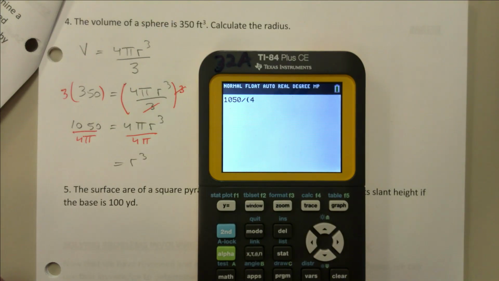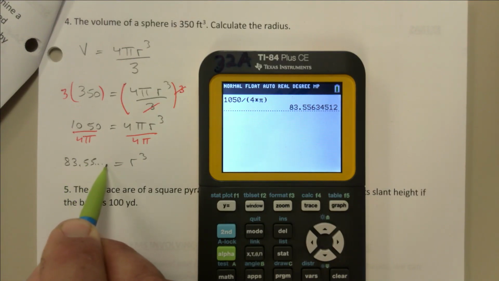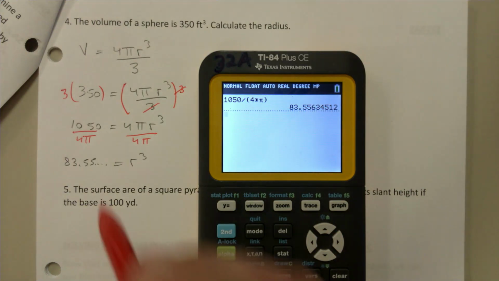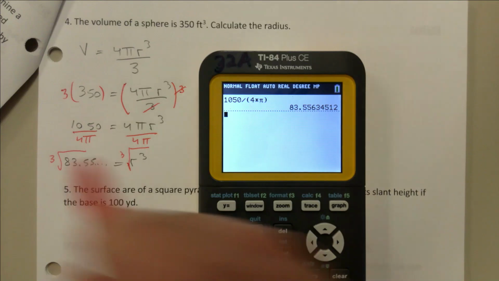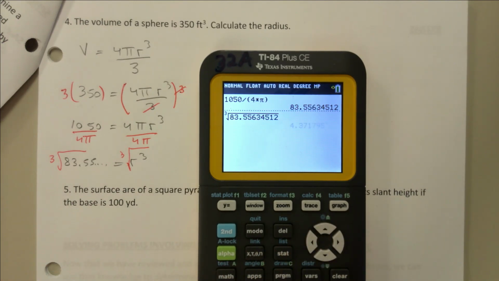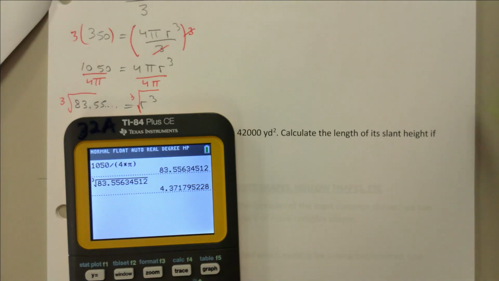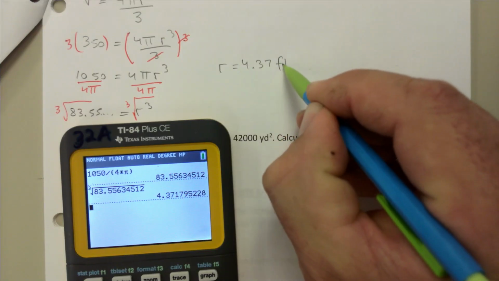Divided by 4 times pi, and you get 83.55 something. We use all decimals. And then last but not least, take the cube root of both sides. With this calculator, it's math, option 4, copy paste, and it's 4.37. So radius is 4.37 feet.